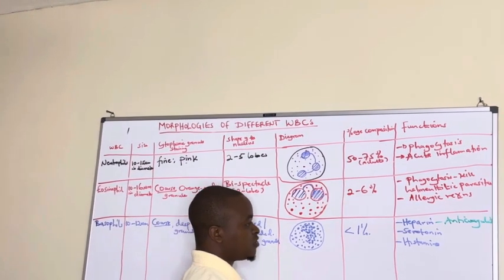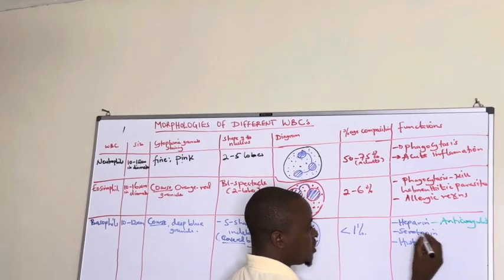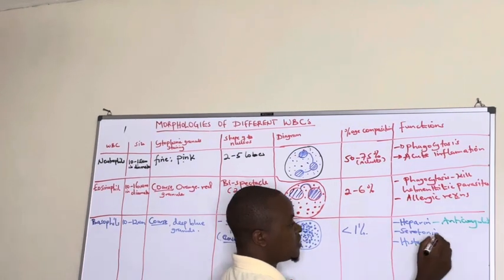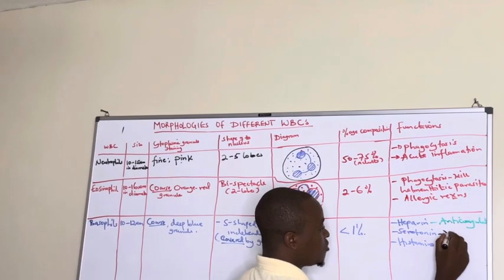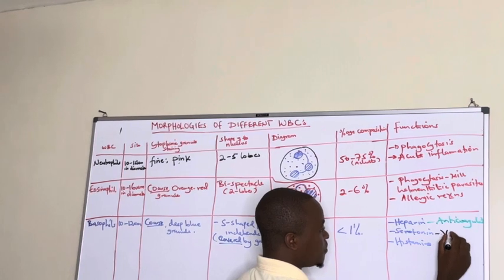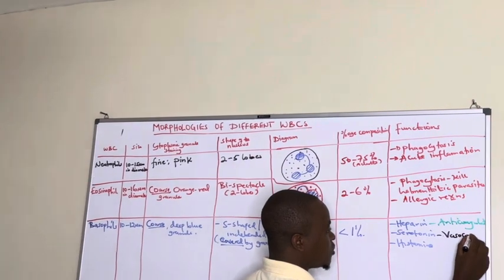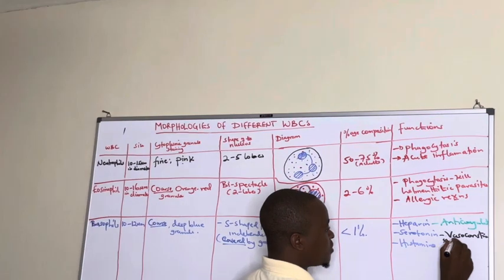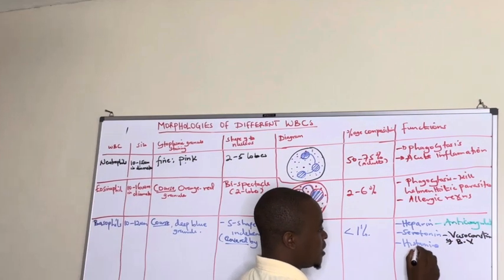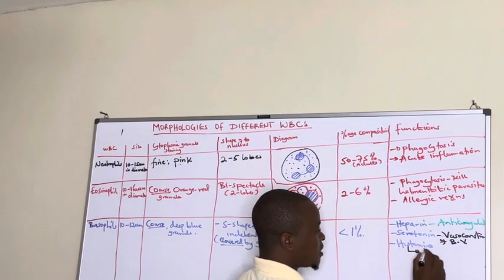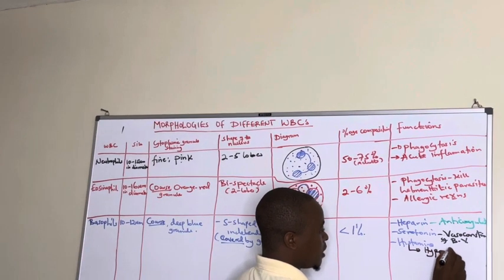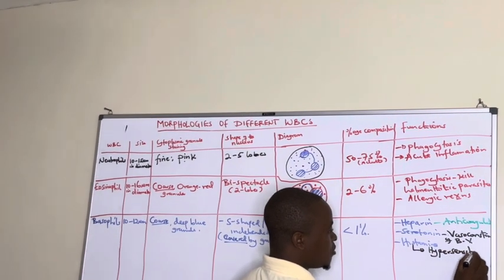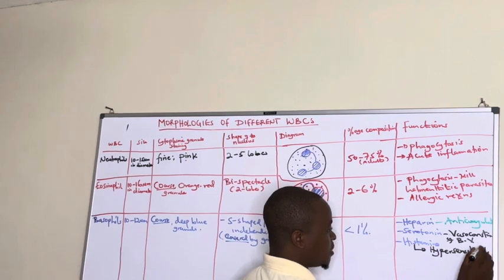So in tissues they are called mast cells, and they produce heparin, which is an anticoagulant. Another function: serotonin, which is produced by these deep staining granules, is a strong vasoconstrictor, so it enables vasoconstriction, narrowing of the lumen of blood vessels. And histamine is the one that triggers hypersensitivity, or what you can call allergic reactions.